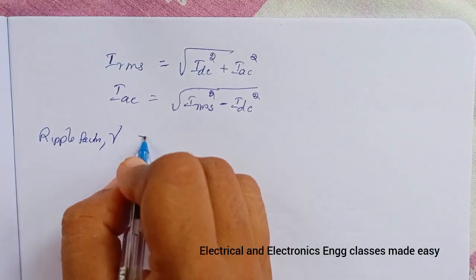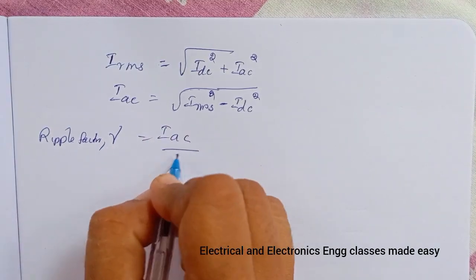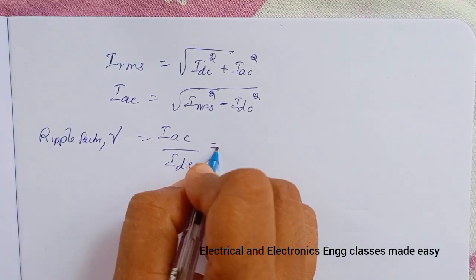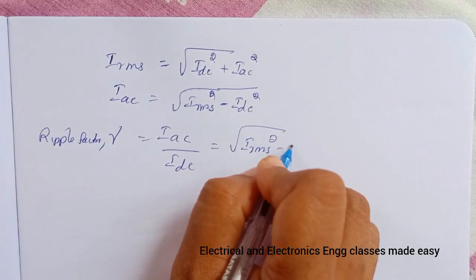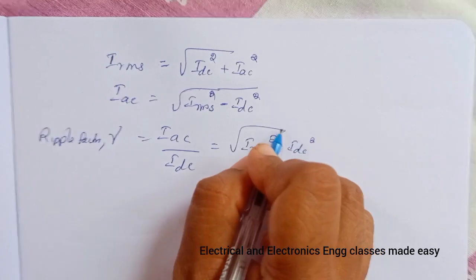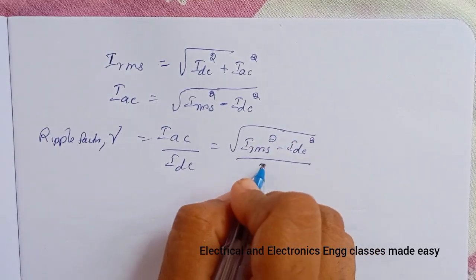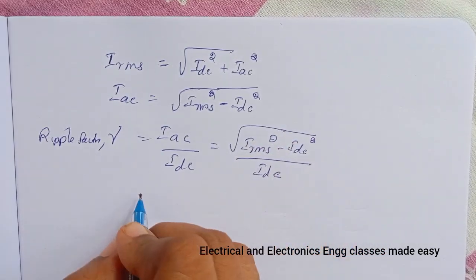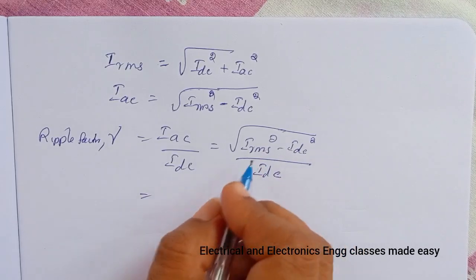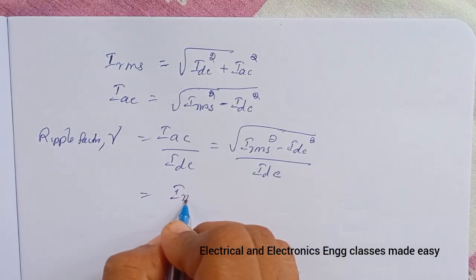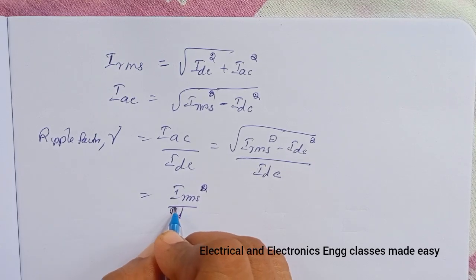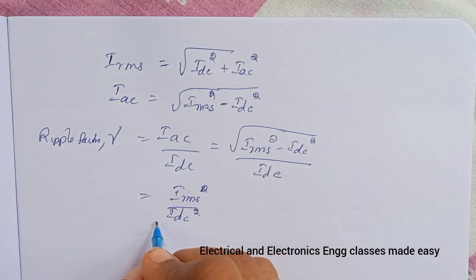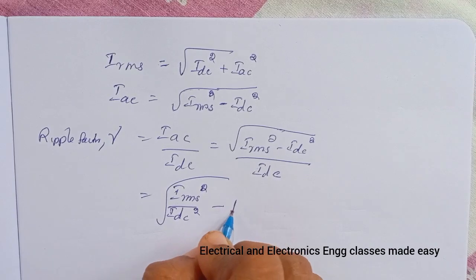Ripple factor gamma is equal to IAC divided by IDC, and that is equal to square root of IRMS square minus IDC square, divided by IDC. By rearranging we get square root of IRMS square divided by IDC square minus 1.